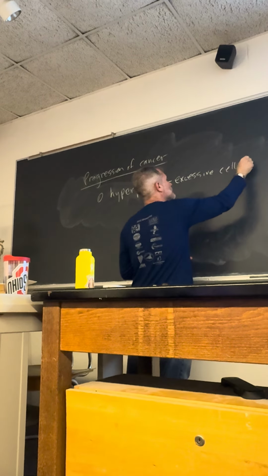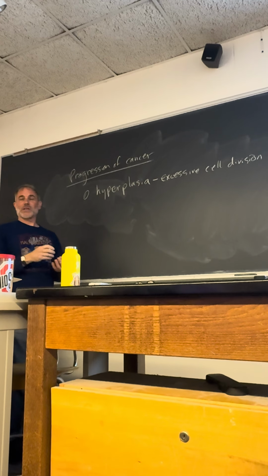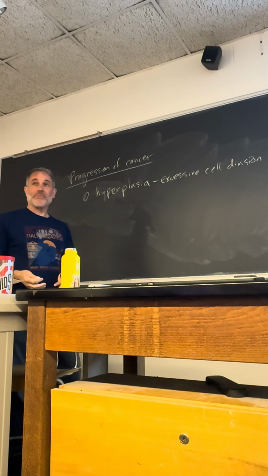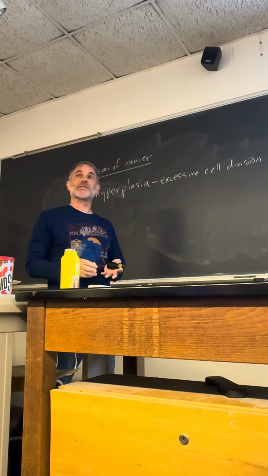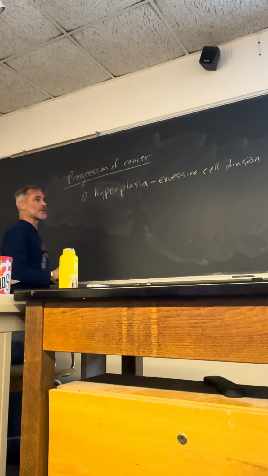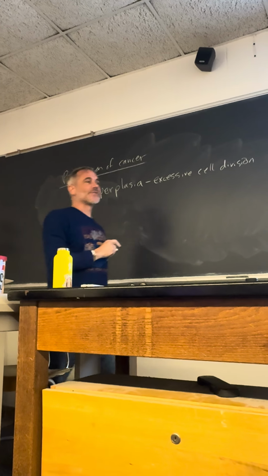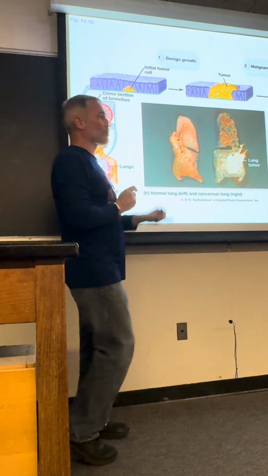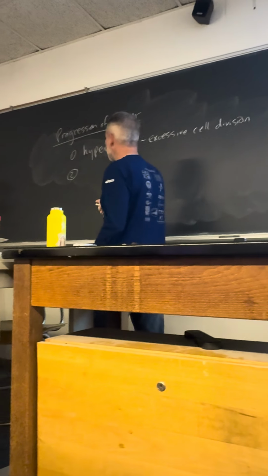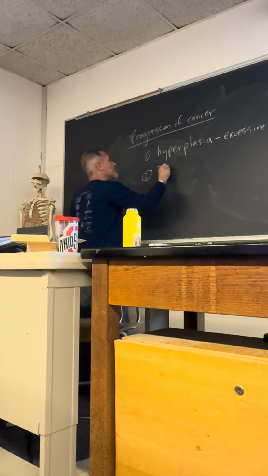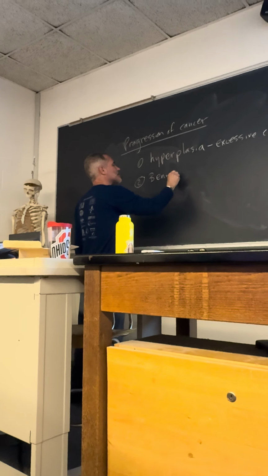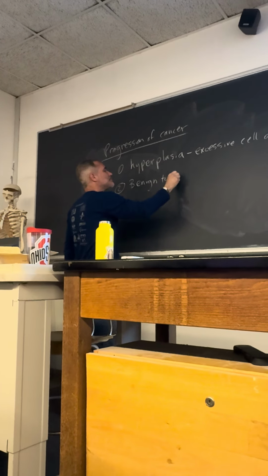This doesn't necessarily mean that cancer is going to happen, but it does mean that something's wrong in a cell and it's dividing more than it should. The second step is the development of a tumor itself, which we can call a benign growth, and that has a specific meaning. I'm going to call it benign tumor.